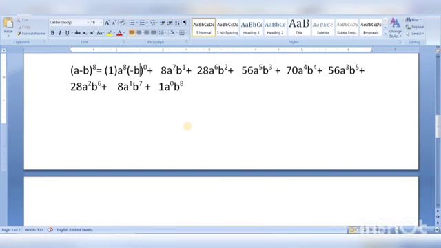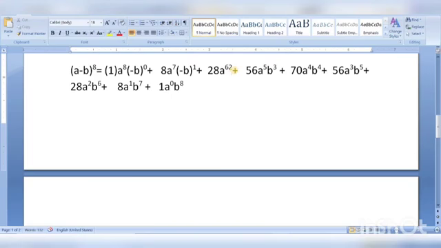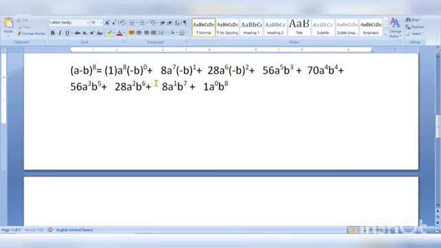Here also the same. I am putting it in the bracket. Whenever there is a negative term, you have to put it in the bracket so that there should not be any mistake of the sign. So it is minus b.